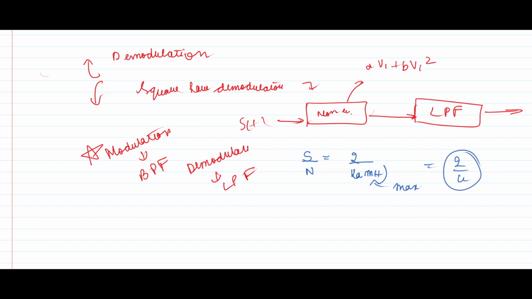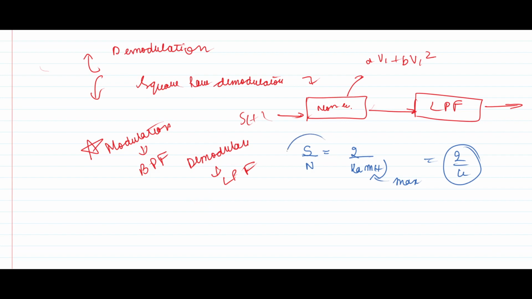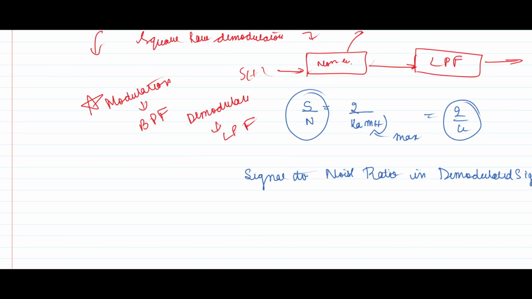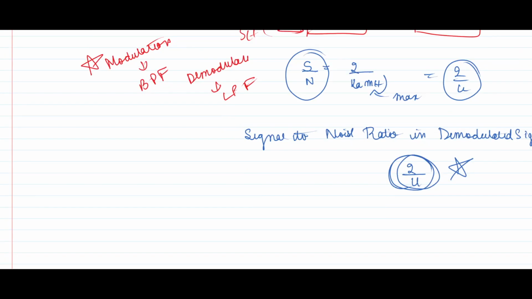So if you are ever asked what is the signal to noise ratio in a demodulated signal for a square law demodulator, it is given by 2 by mu. You need to always remember this. This can be easily solved by directly putting the values in the formula.